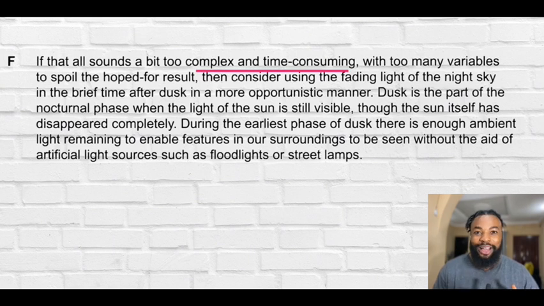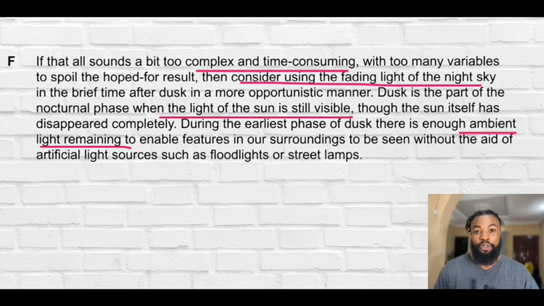And if you find all that too complex and too time consuming, just do something more humble, more accessible, something that's not too demanding, and what's that? Just use the light of dusk. There's this light at dusk, when the sun is no longer in the sky, but there's still some light shed, and you can just wait for the right moment and use that light at dusk to take what pictures you take. So that's what he says.